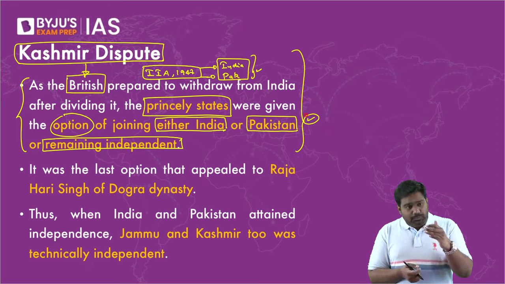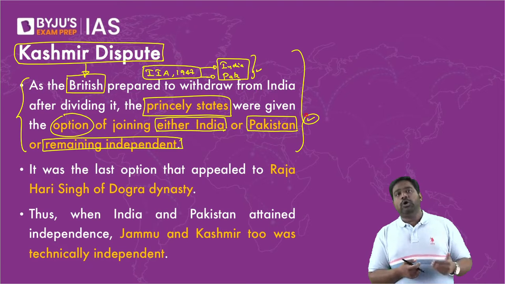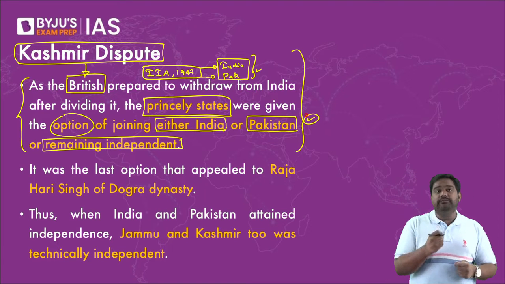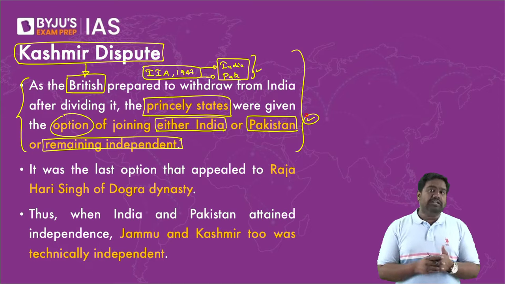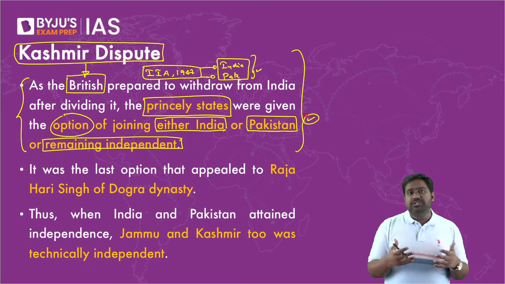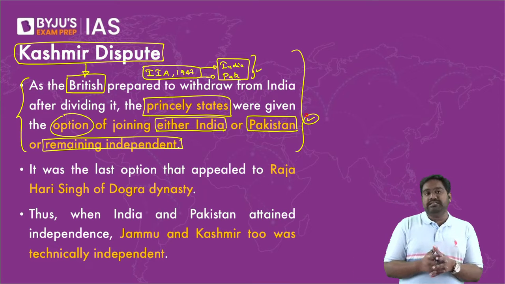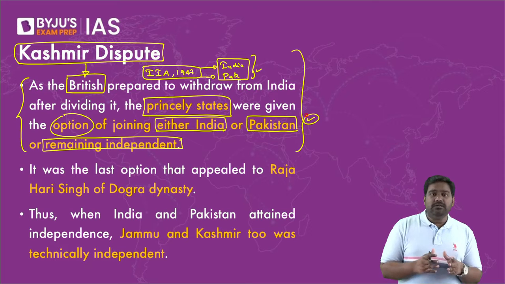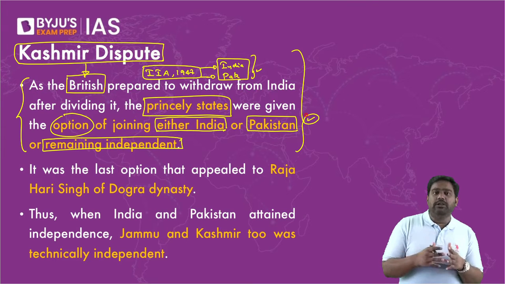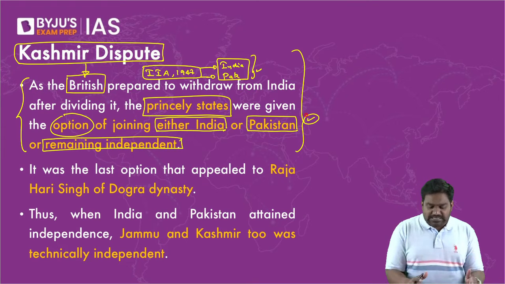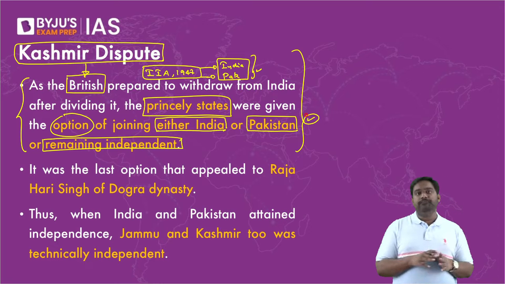And the government would provide a privy purse, meaning the government would pay the royals a certain amount, which became a motivating factor for them. So such negotiations helped in convincing some of the princely states. Is that clear? Sardar Patel and Nehru played a critical role in negotiating with these princely states and convincing them to join India.